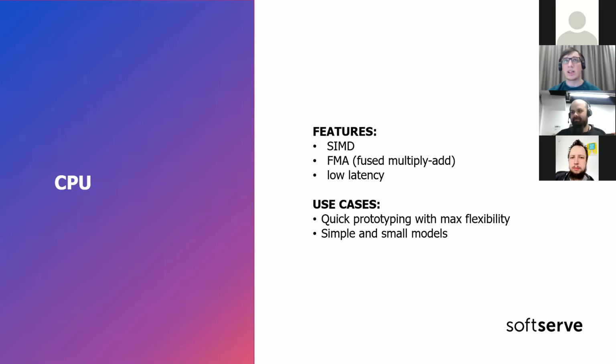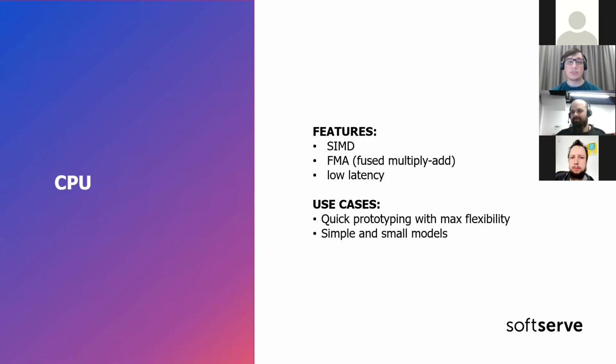However, we can't apply different operations to the same data, which means that we don't use any concurrency here. And fused multiply add is a floating point multiplication and addition operation that is performed in one step with a single rounding operation in the end.